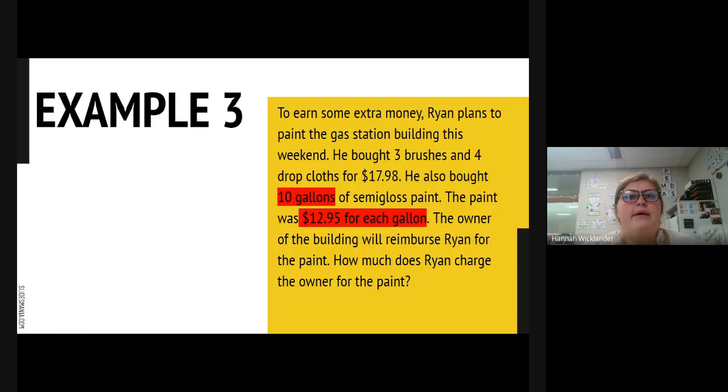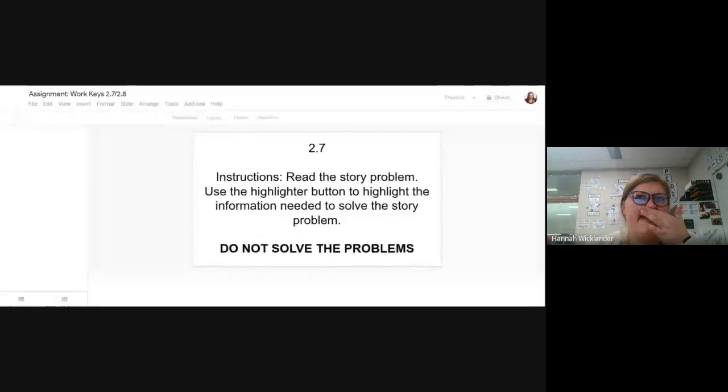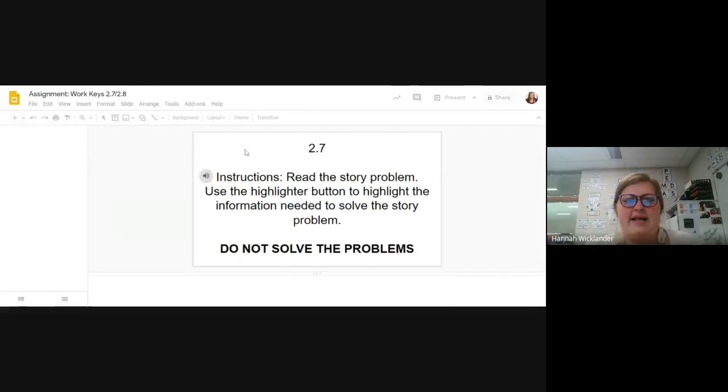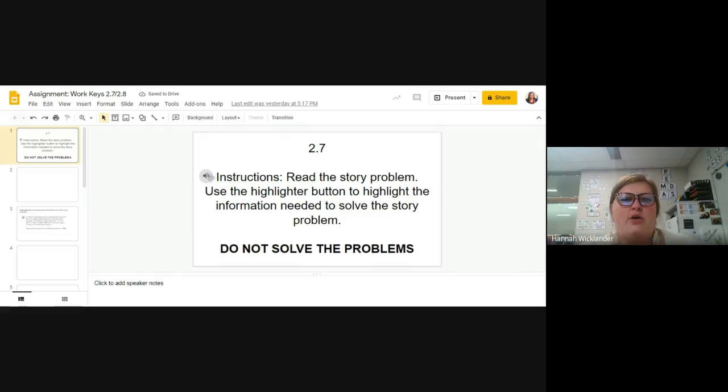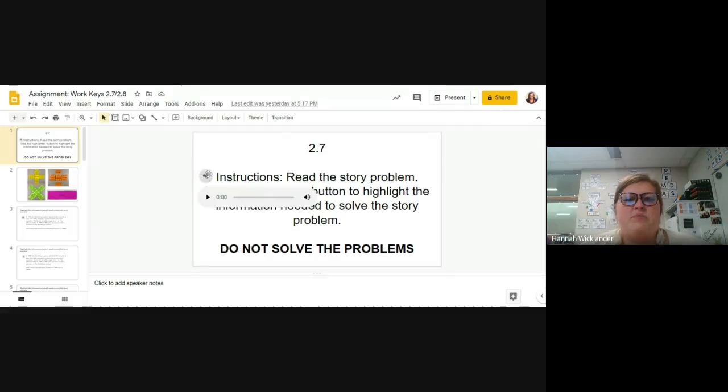Okay, so you guys are each going to get a Google slide for this assignment, your own set of Google slides. So it says instructions, read the story problem and use the highlighter button to highlight the information needed to solve the story. Do not solve the problems. So what I did, because I think it would be easier sometimes, because I know that it's annoying to read everything, is I put in this little speaker next to every paragraph.